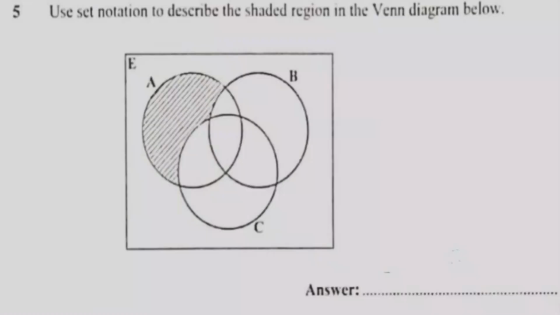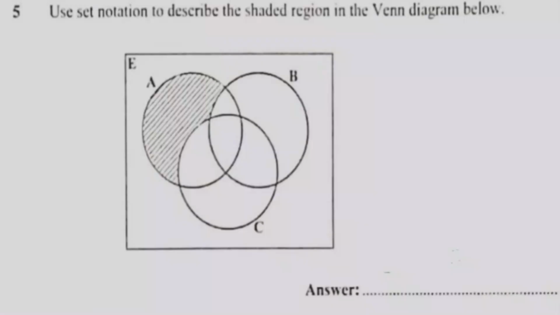We come to question 5. Use set notation to describe the shaded region in the Venn diagram below. Okay, so let's take time and study the diagram. We have set A, which is partly shaded.